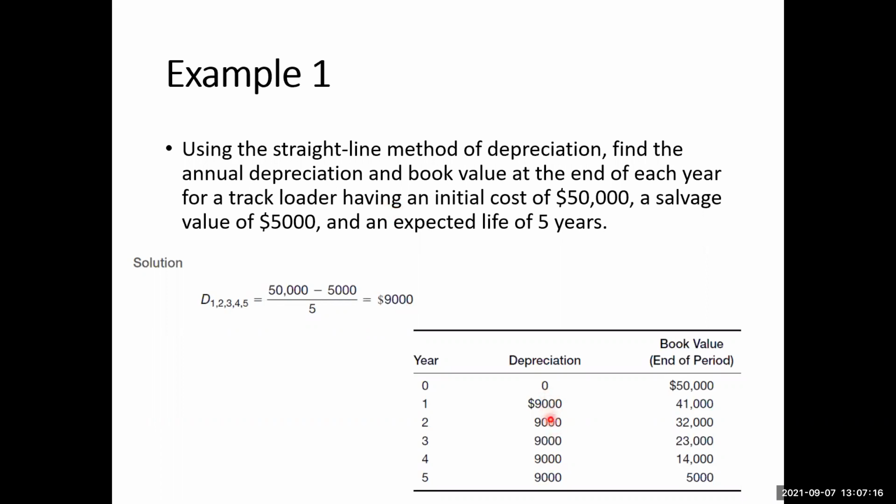Since it is a uniform depreciation, the book value decreases by $9,000 each year: $50,000, $41,000, $32,000, $23,000, $14,000, and $5,000. Remember that we are saying it is the book value. It may or may not be the same as the market value at the end of 1 year.